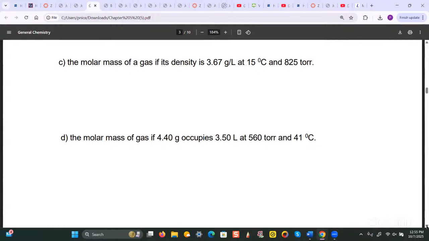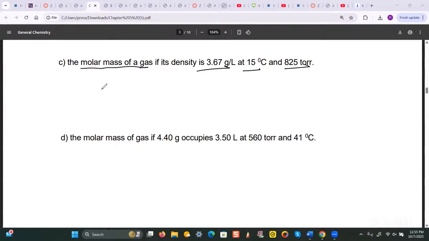Now, let me ask you this. What equation comes to mind in order to solve this particular problem? They gave you the density, the temperature, and the pressure, and the question is asking for the molar mass.